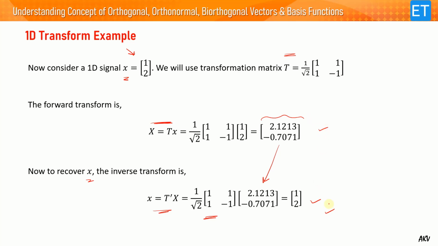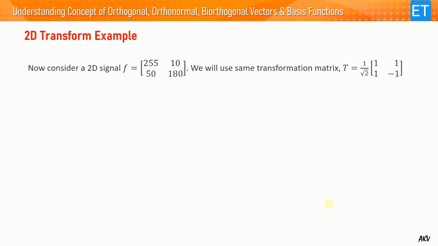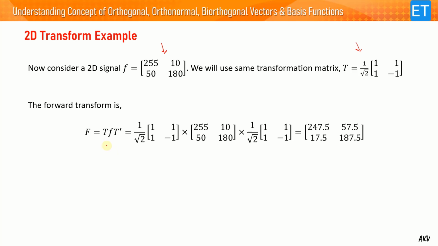Okay, now let's come to the example of the two-dimensional signal. Just consider one image segment, two-dimensional data. We will use the same transformation matrix because it is already a 2 by 2 matrix. By definition, the forward transform is T F T transpose. This is the T matrix, this is our input signal, and this is T transpose. When you multiply all these three, I get these values.